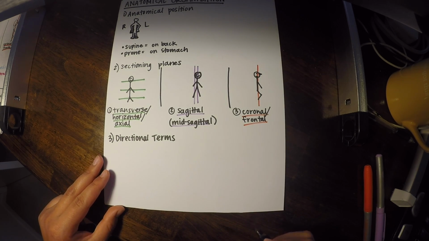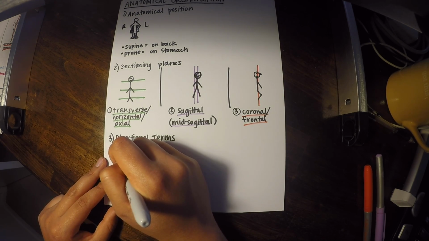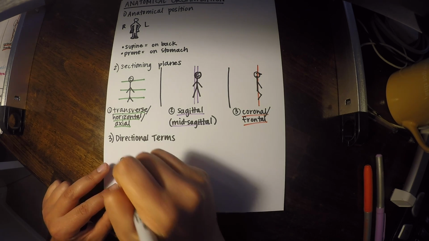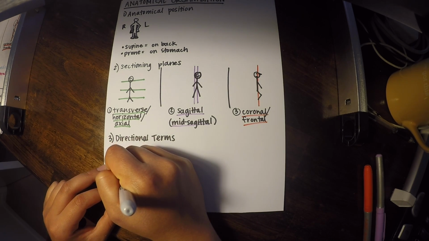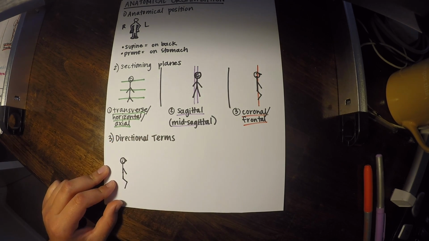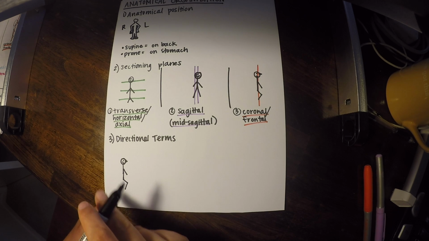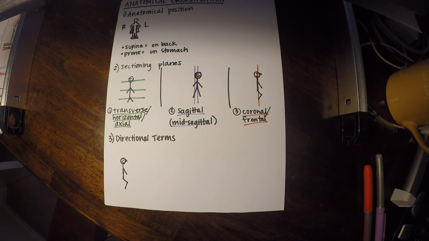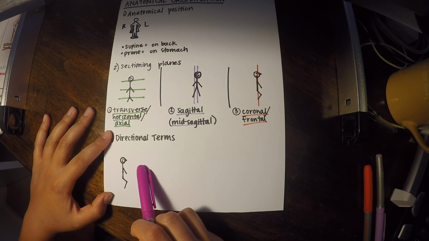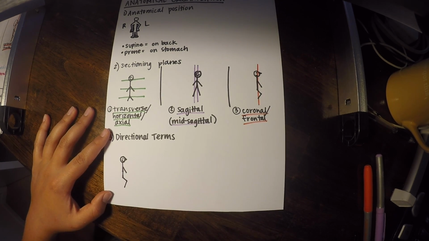I'm going to draw a little person here again. So his nose and his smile are always going to tell you where he's facing. So he's facing this direction to the side. Now, we're looking at the front of his body right here and the back of his body right here.